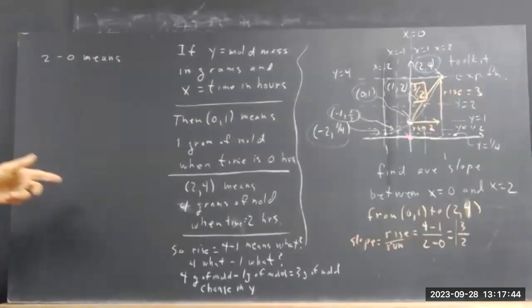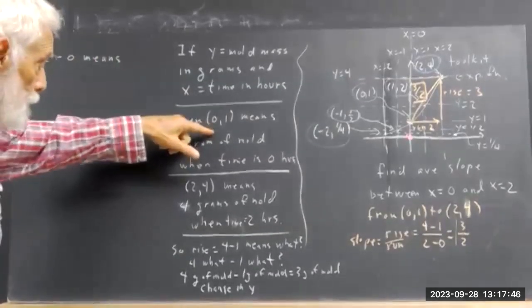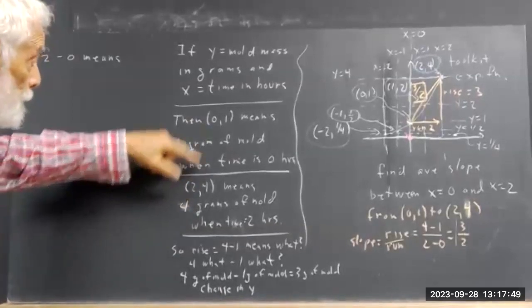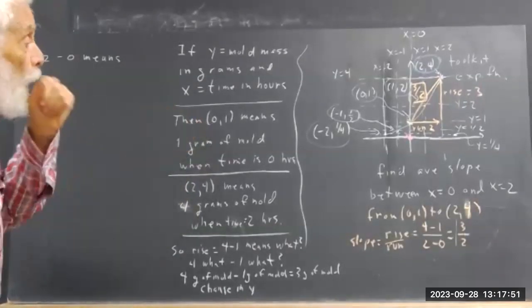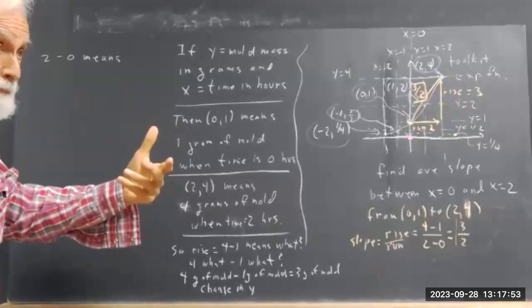2 minus 0, using the points (0, 1) and (2, 4), you got 2 minus 0. That's the change in X, right?